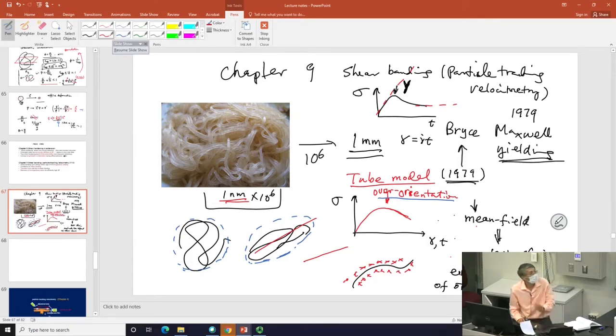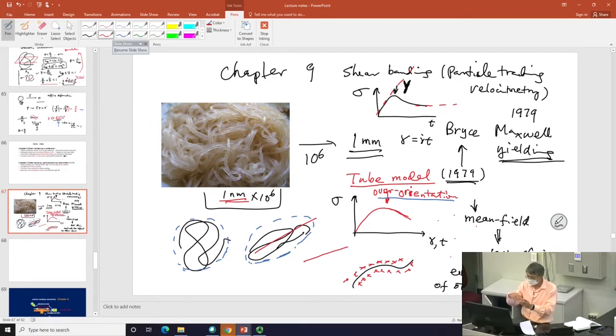So first things first, because it's a test chain, you can speak about any chain, and there's no longer any need to think about how this chain is interacting with other chains, other than that there's a tube there. And you calculate the stress due to this chain being sheared.